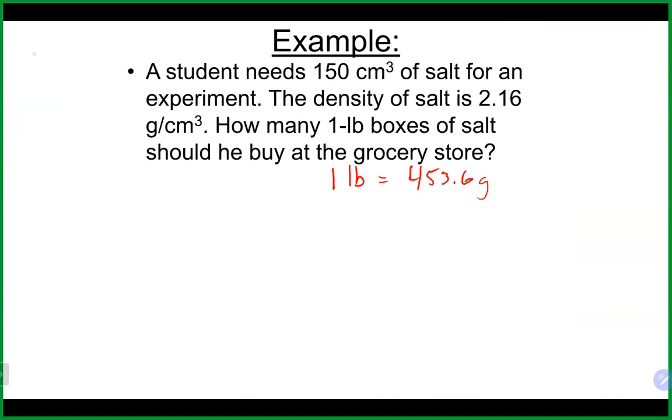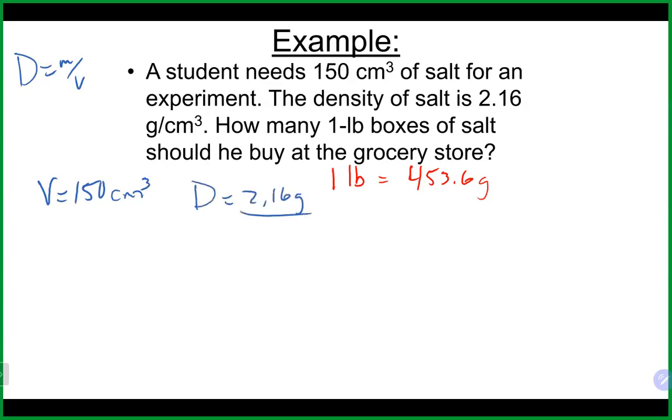Okay, so we are again dealing with density here, and 150 cubic centimeters is a volume. Our density here is 2.16 grams per cubic centimeter. If we check off what was given to us, we can see we are missing the mass, which would be a good thing to solve for.